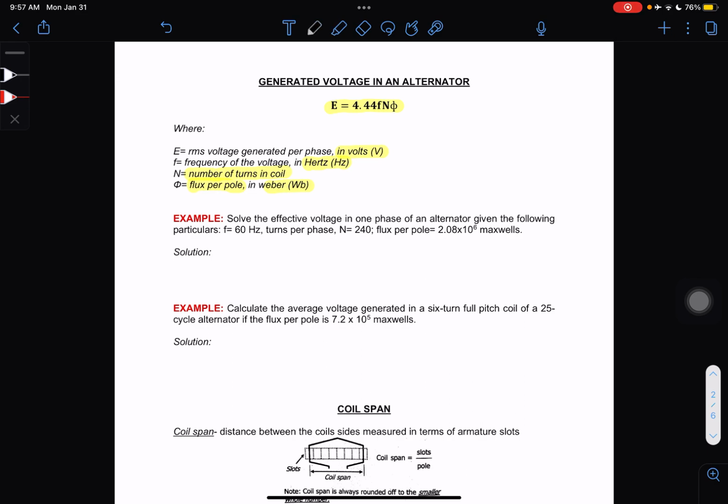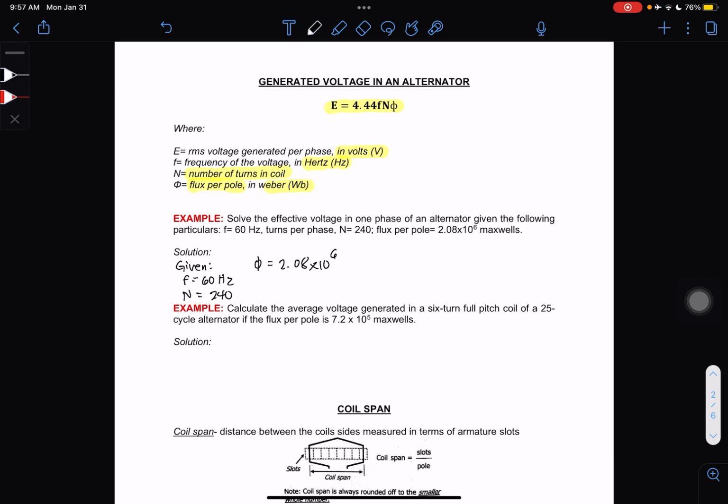So they have given these, so again, let's write them. F is 60 Hz, N is 240, and our flux per pole, or angle phi, is 2.08 times 10 raised to 6.